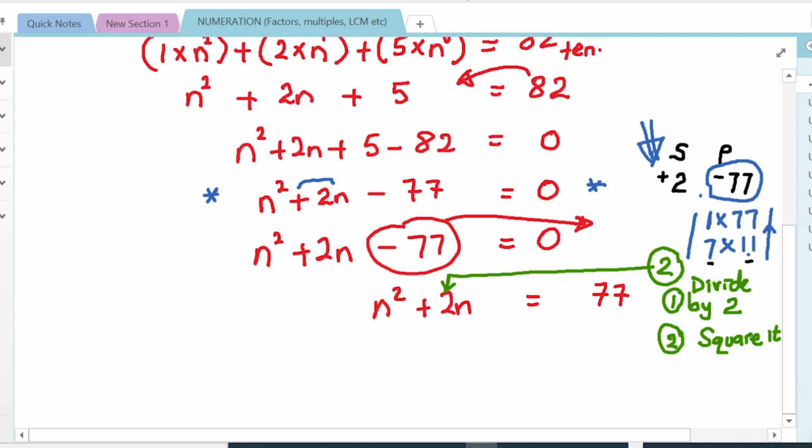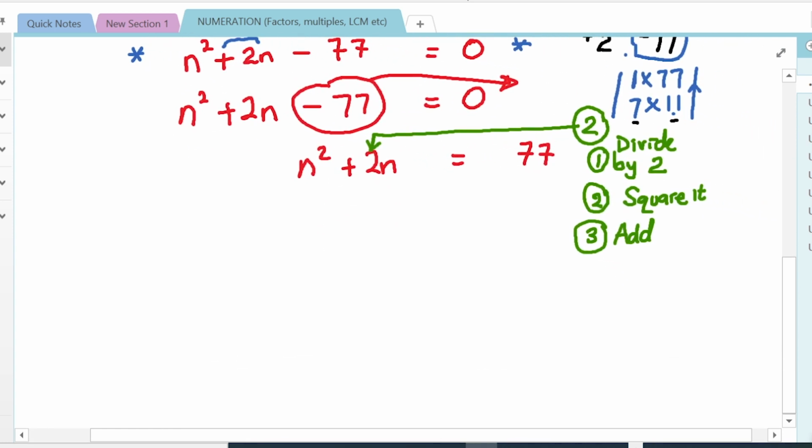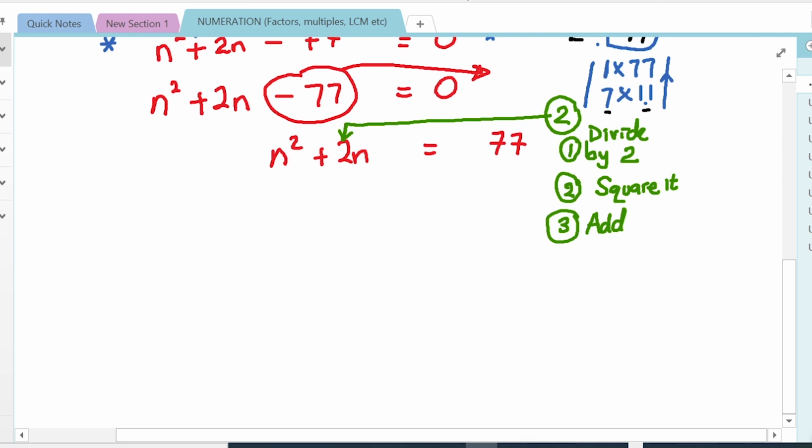After squaring the number, the answer we get, we then add on both sides. Those are the three steps.